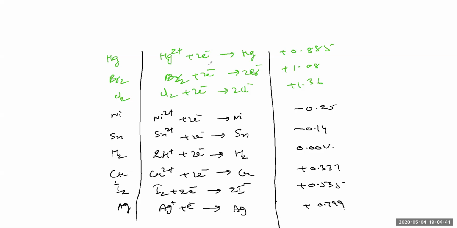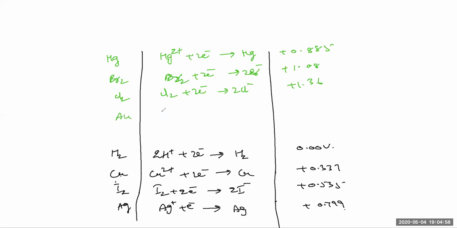So next one. After chlorine, gold, Au. That is Au plus 3, auric, plus 3 electrons becomes Au.